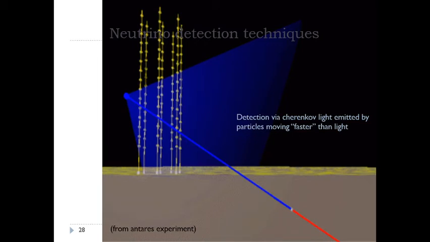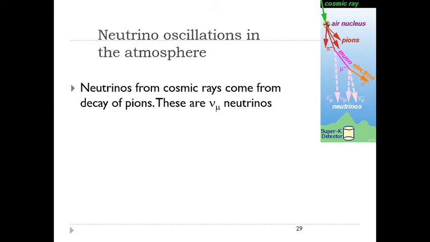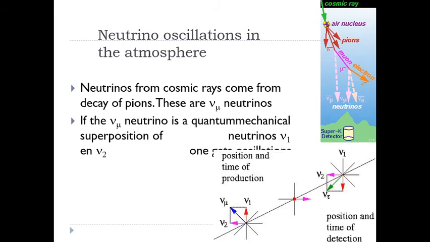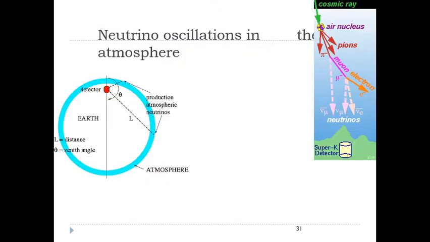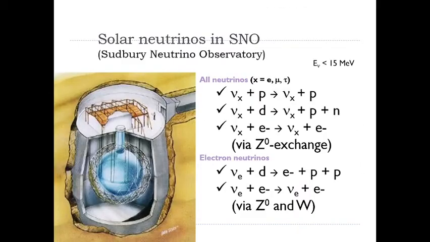So detection is via Cherenkov light emitted by particles moving faster than light in the medium. And also neutrinos from cosmic rays come from decay of pions. And this is the solar neutrinos, which are being observed in the Sudbury Neutrino Observatory in Canada.